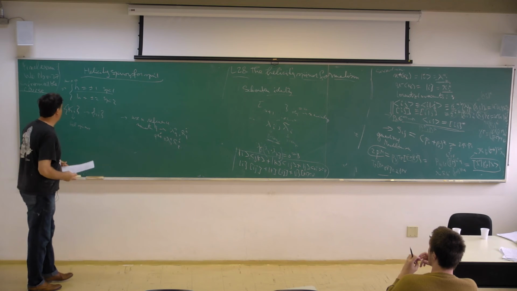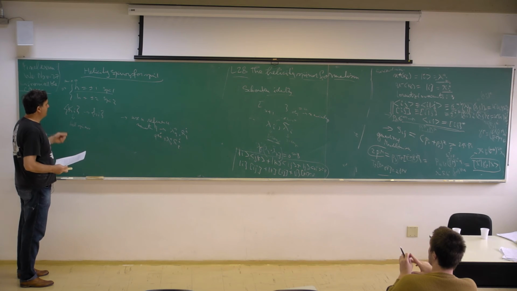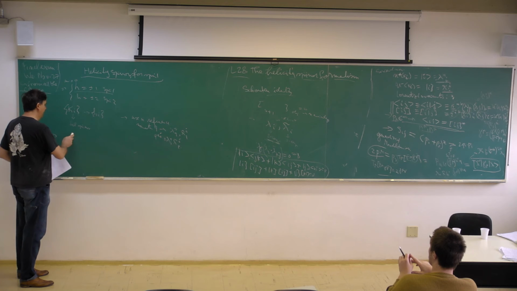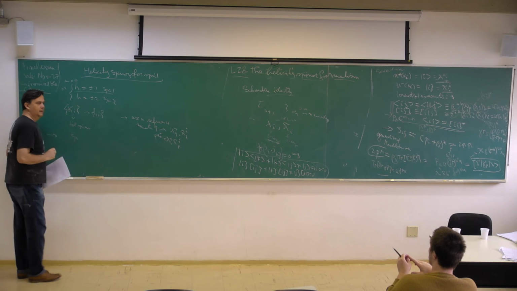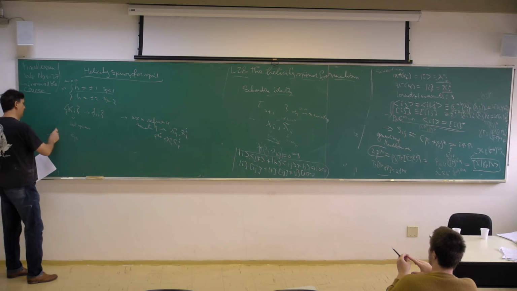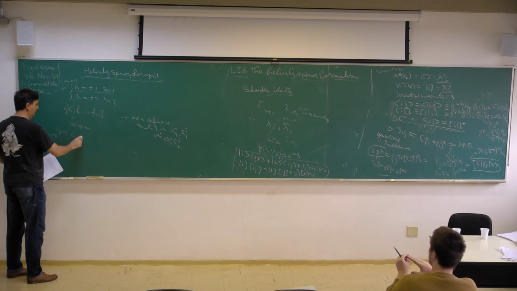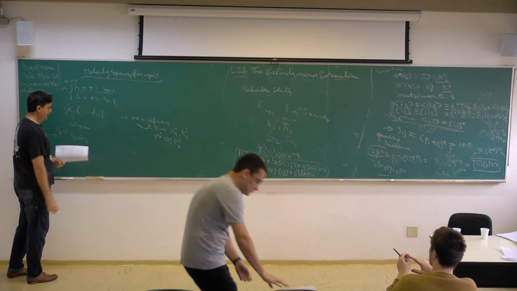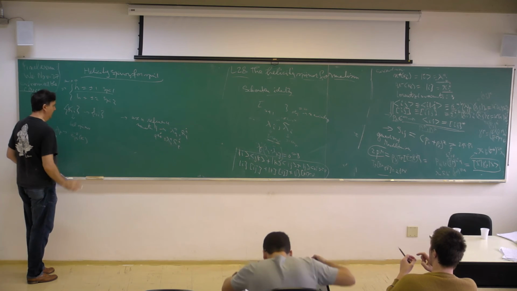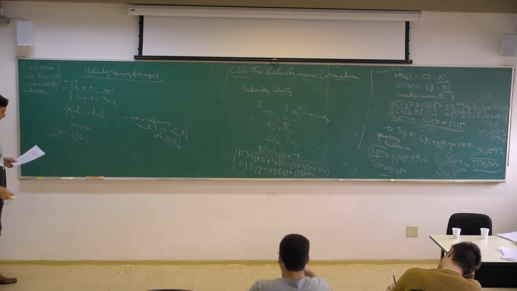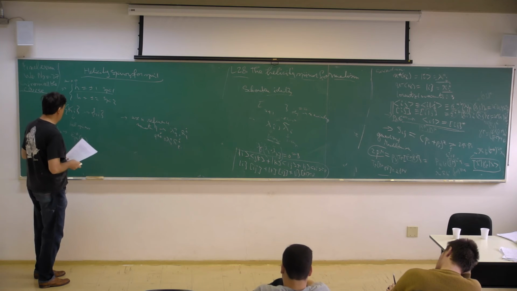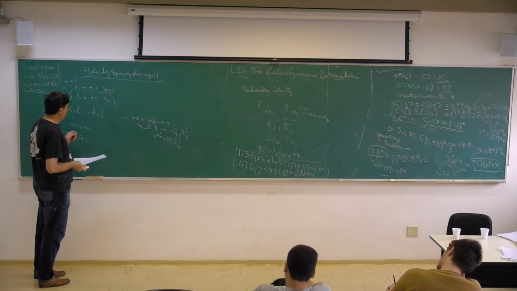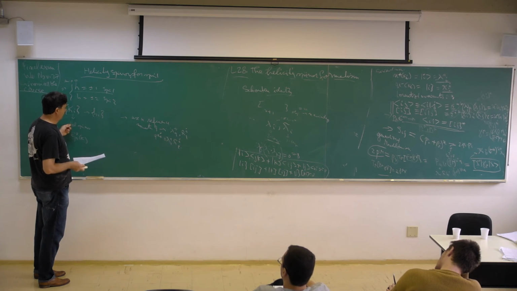Now in this case, polarization refers to a vector, epsilon_mu, right? A gauge field A_mu should have some polarization epsilon_mu of k, which can be either positive or negative, as I said. So now it's a little bit more complicated, but it's still kind of obvious what we should do.